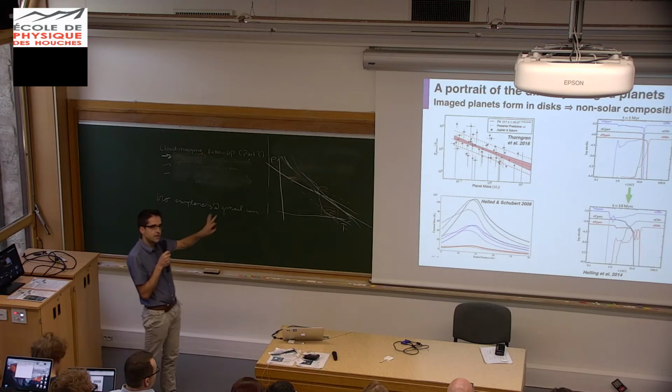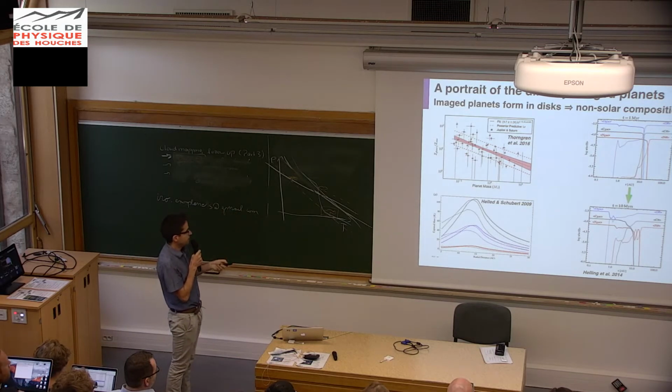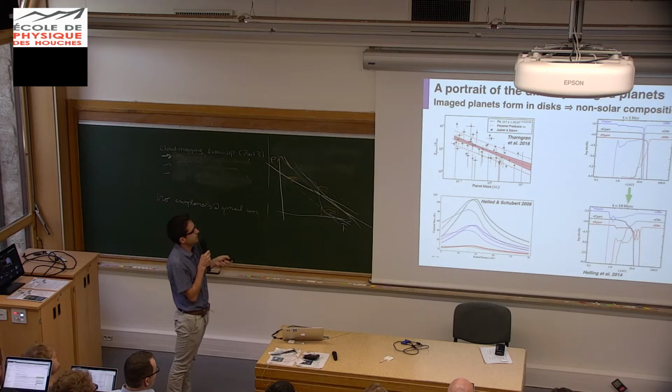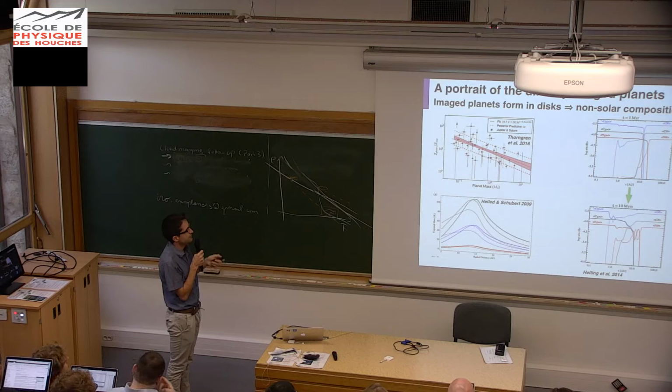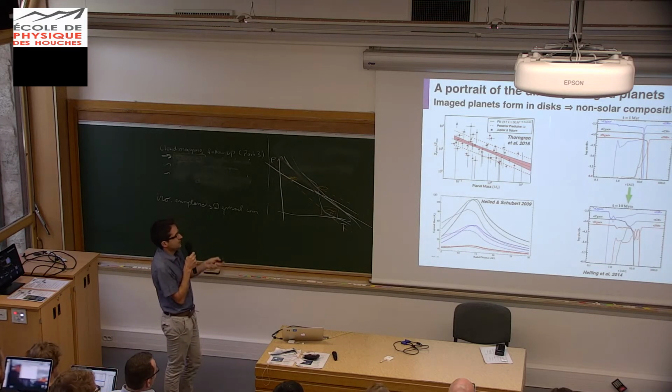If you keep aside all the inflated planets due to the strong irradiation from the host star, you can have this kind of curve where there seems to be a trend between the heavy element enrichment in the planet and their mass, actually an anti-correlation. So massive planets seem to have less heavy element content than the smaller ones, but on average they are metal enriched with respect to stars. So this is what is happening at short separation, below 5 astronomical units.